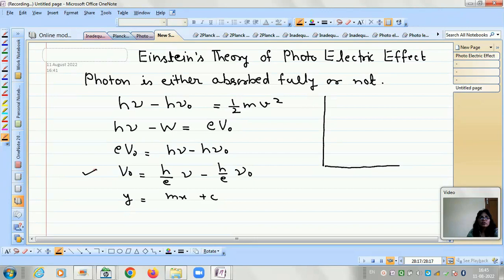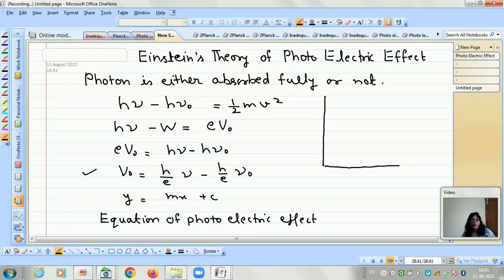So this equation is known as the equation of photoelectric effect, or Einstein's photoelectric equation.